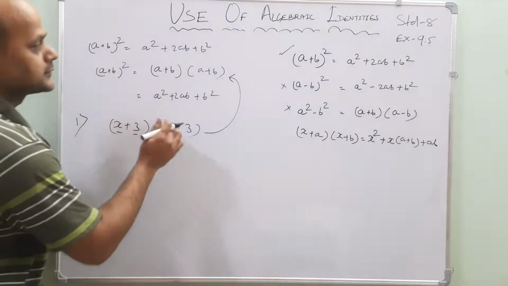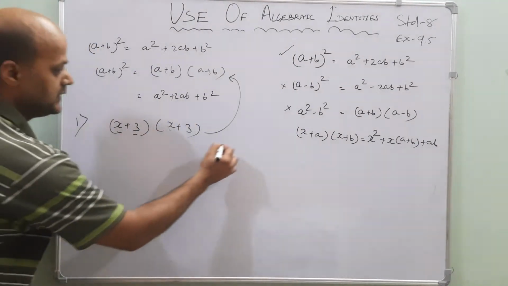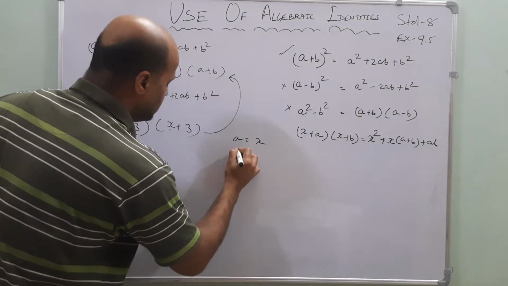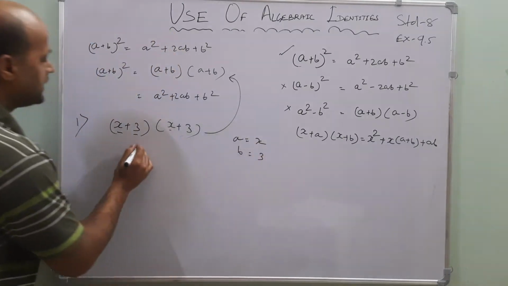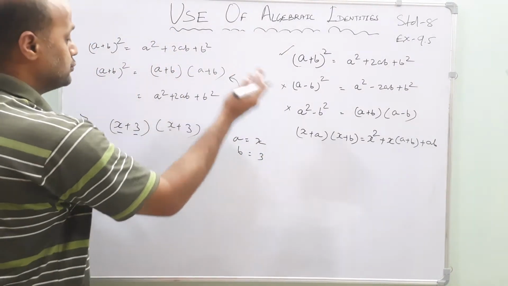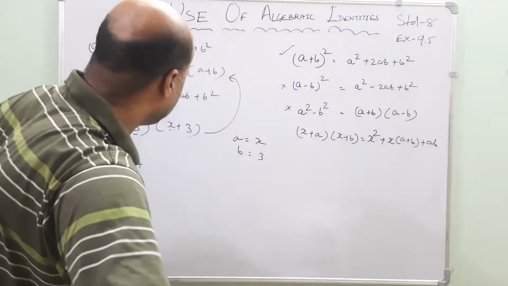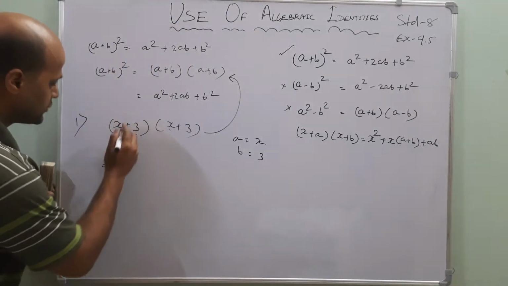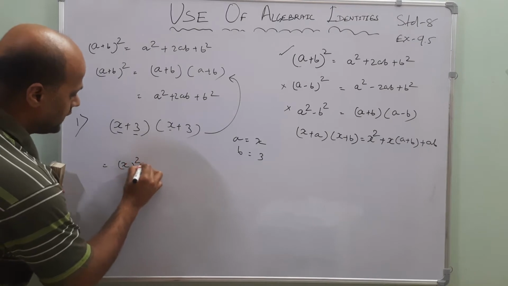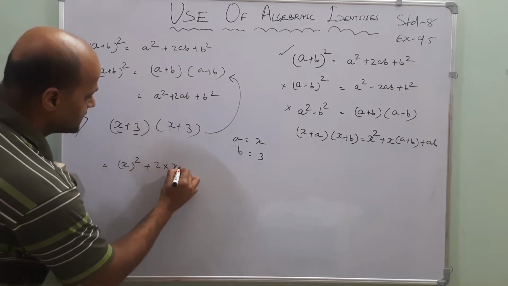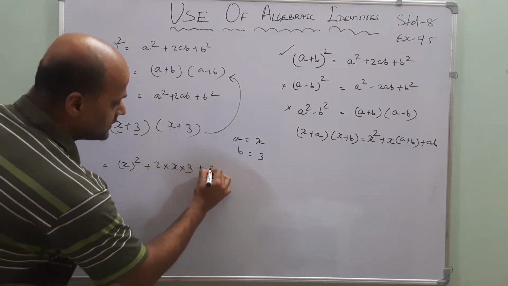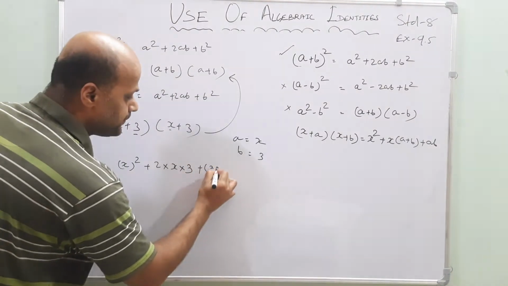X plus 3 into x plus 3 is what? Here a is equal to x, b is equal to 3. So I will write here a plus b into a plus b, which is a plus b whole square, and that is a square plus 2ab plus b square. So x square plus 2 into x into 3 plus 3 square.